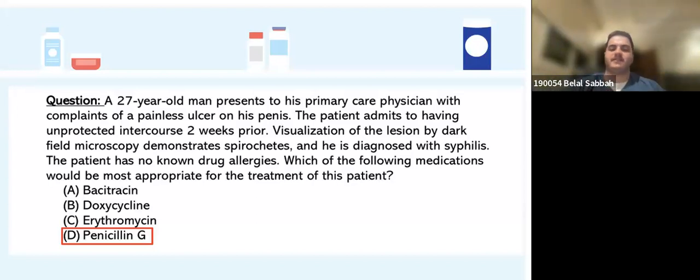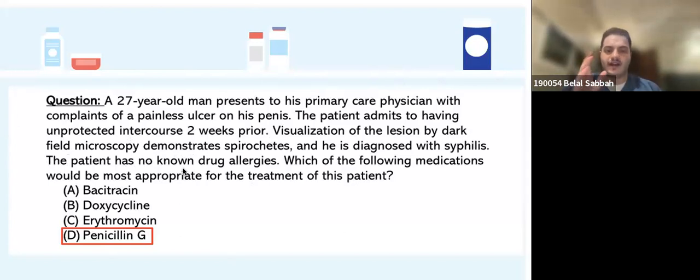You always prioritize penicillins, but there is a case where you give a tetracycline. It's actually hinted in this question why you don't give it. Allergies, yes. So here the patient has no known drug allergies.